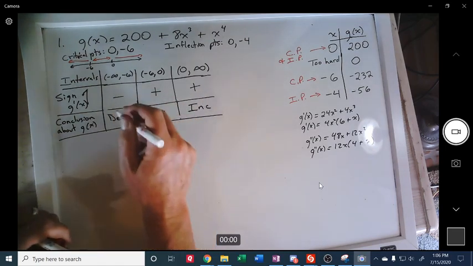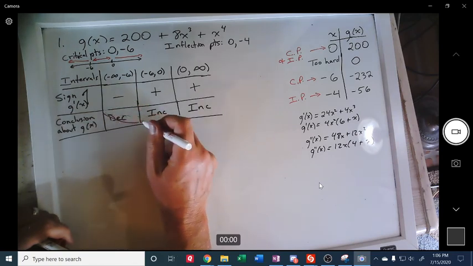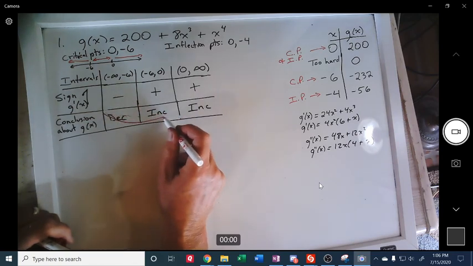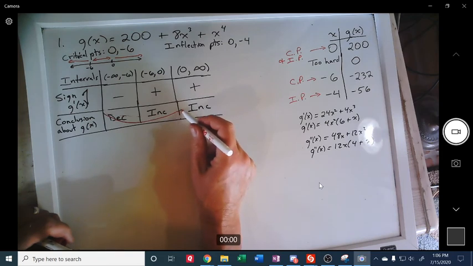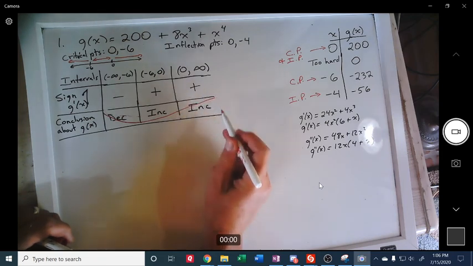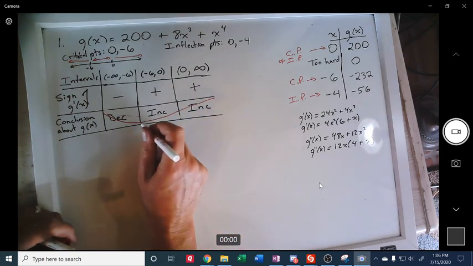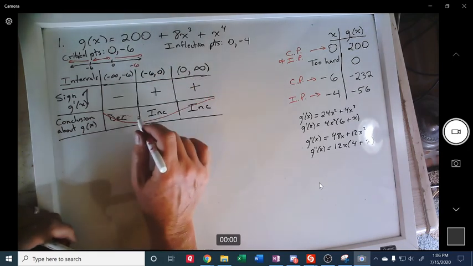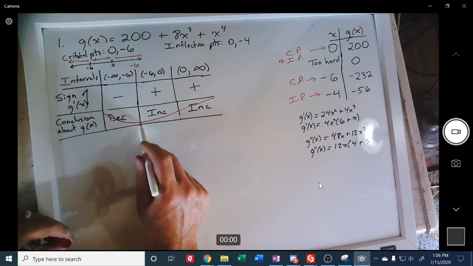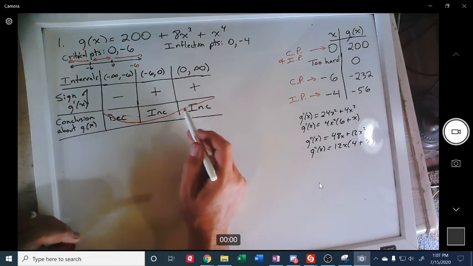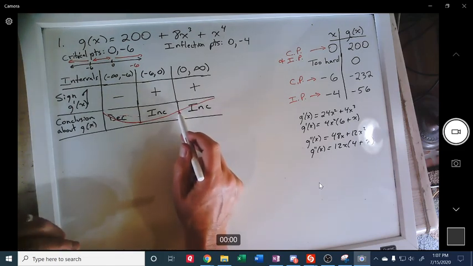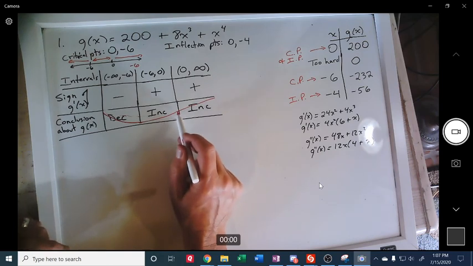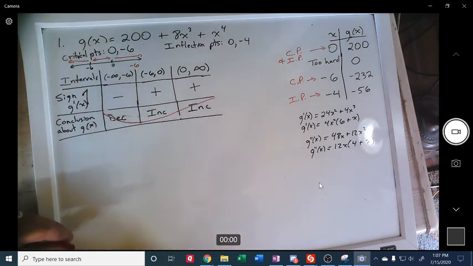I probably want to decrease all the way to the bottom, increase part of the way, and so I have room to keep increasing like this. Alright, so at negative 6, we can see negative 6 is a local minimum. And we can see that 0 is neither a local min nor a local max, because it's increasing on both sides.